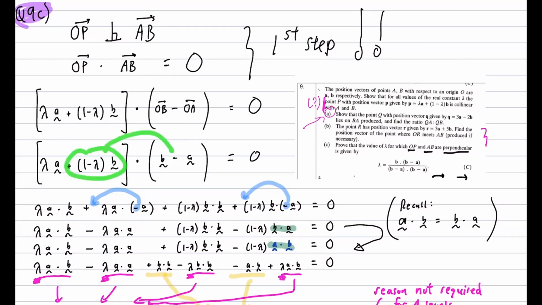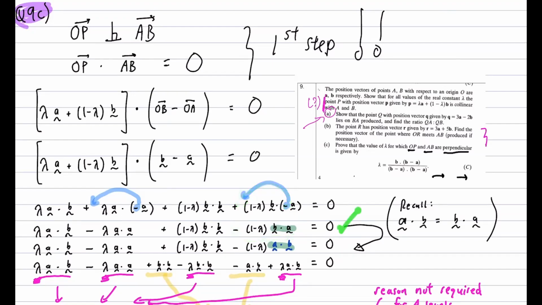So second term, 1 minus lambda B dot product with vector B, you get 1 minus lambda B dot B. 1 minus lambda B dot product with negative vector A, you get 1 minus lambda B dot with negative A. But the negative you can also factor out, you're left with minus 1 minus lambda B dot A.